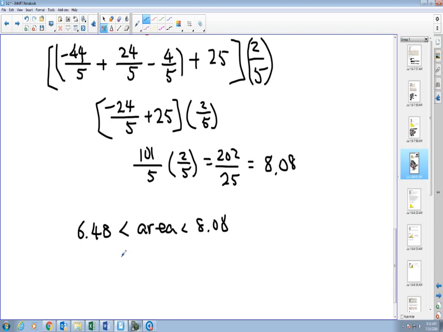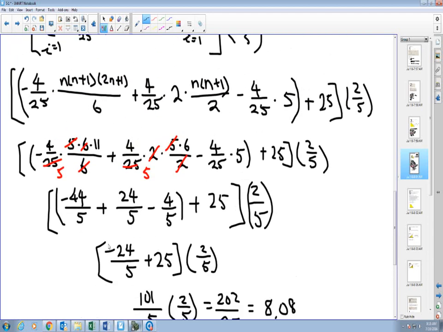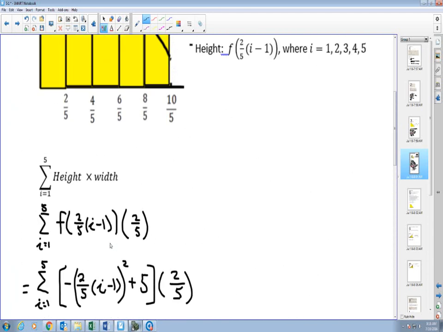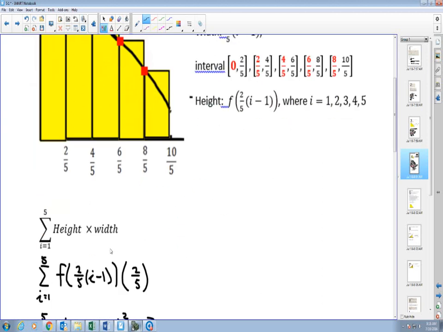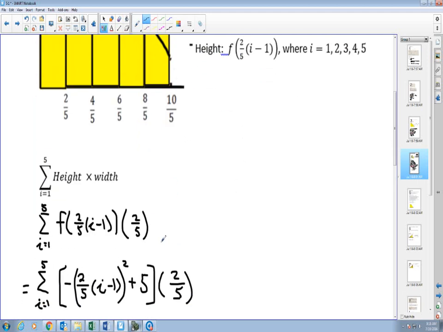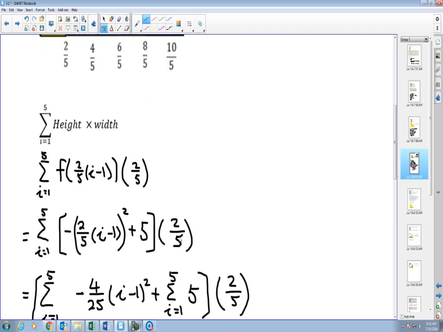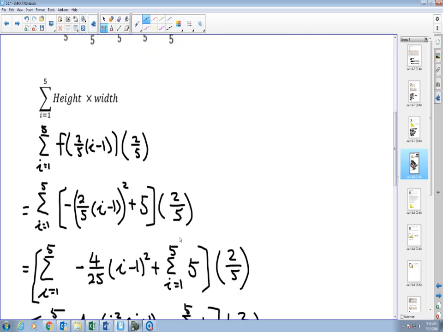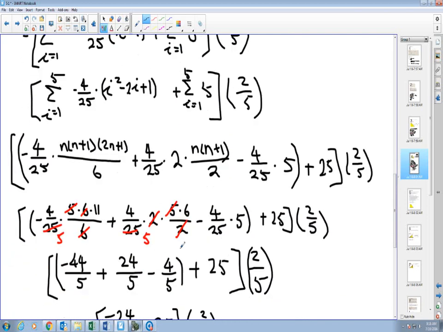Again, if I increase my n, remember my n is 5, and that 5 refers to the 5 rectangles. If I increase my rectangles, increase my n, the more rectangles I have, the closer my approximation is going to be to the true area under the curve.